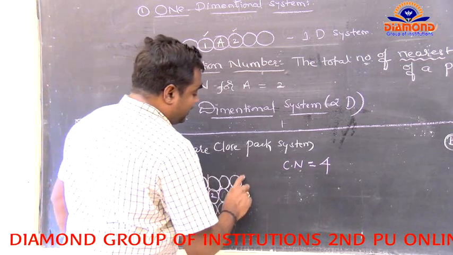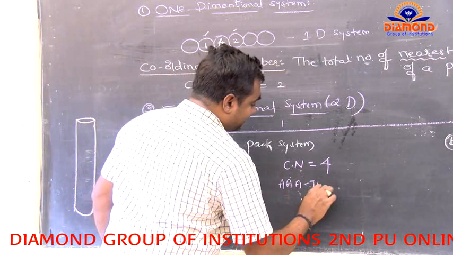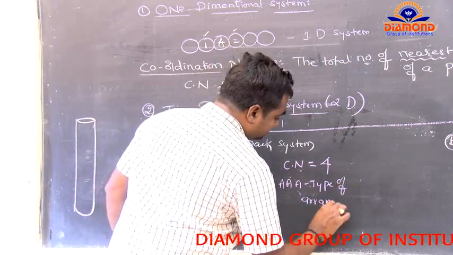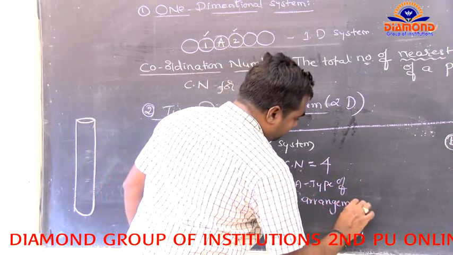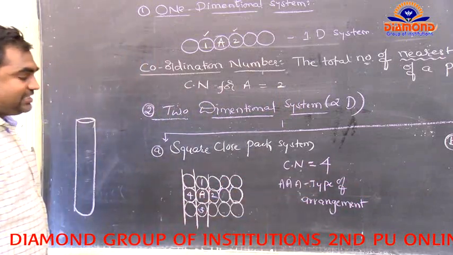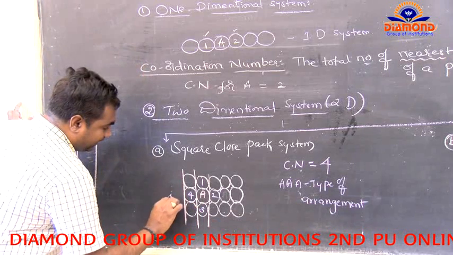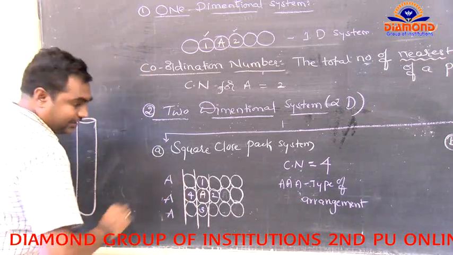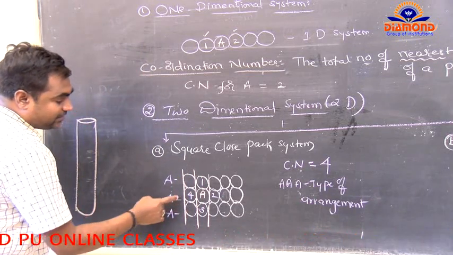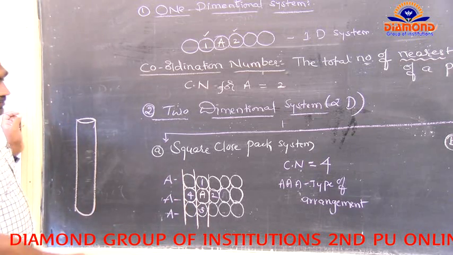Now this belongs to the A type of atom, the A type of arrangement. That means here is A and here is also A. Here is also A. Remember the type of arrangement. The first one is similar to the second one, and the second one is similar to the third one.